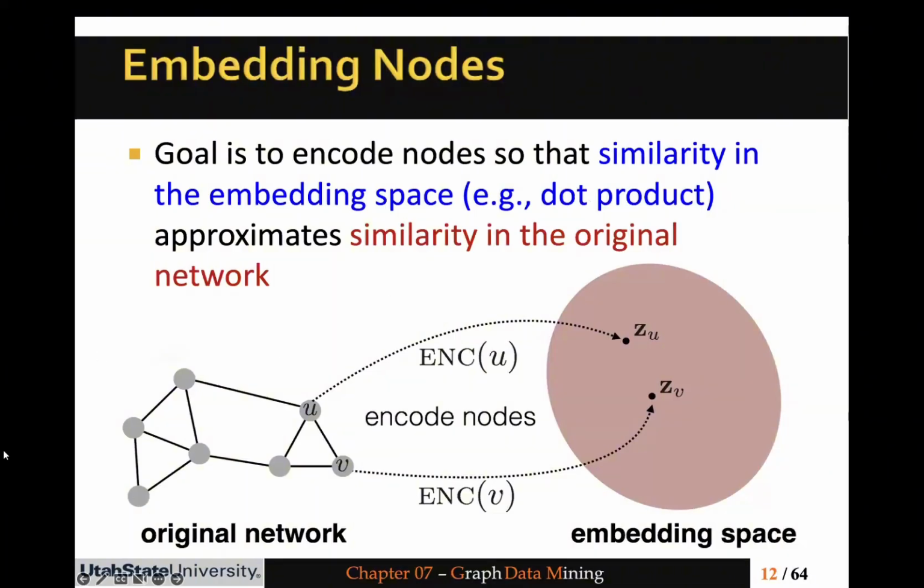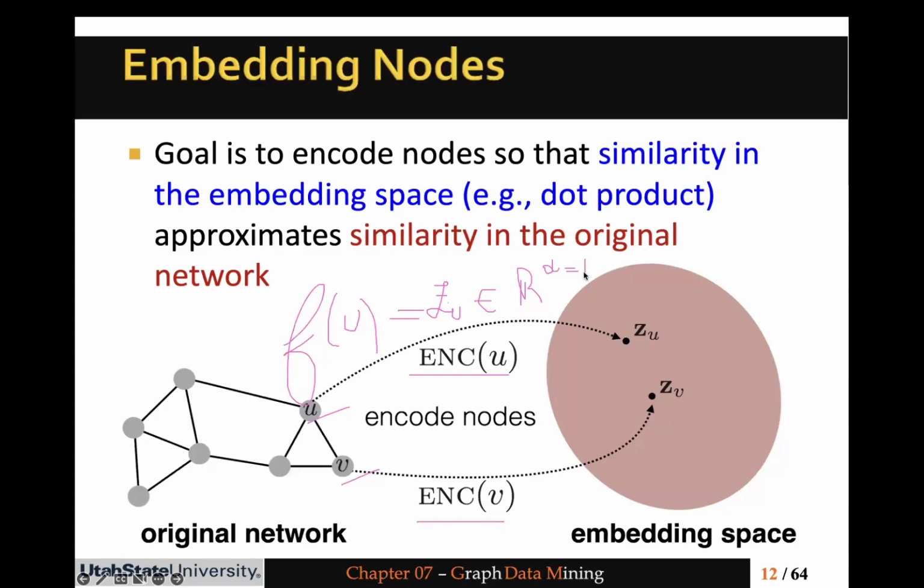We have a graph, or an original network, and for every single node, known here as u, and as an example u and v, which are just randomly sampled nodes from the network, we would like to find an encoding using some encoding function f, so that f of u is equal to the encoding of u, which is essentially z_u. So z_u is nothing but the encoding of u in a low-dimensional space, a d-dimensional space. d is typically within a few hundred dimensions.